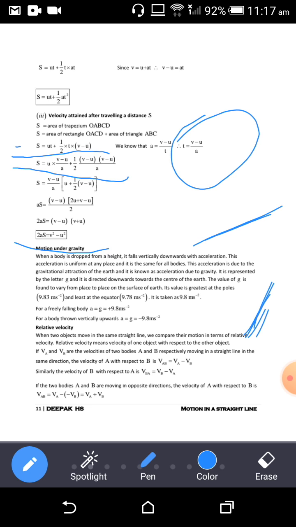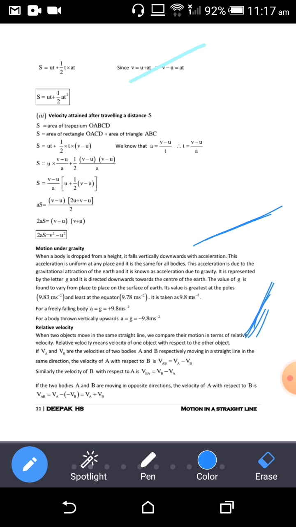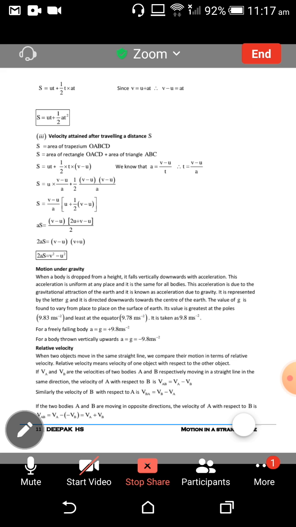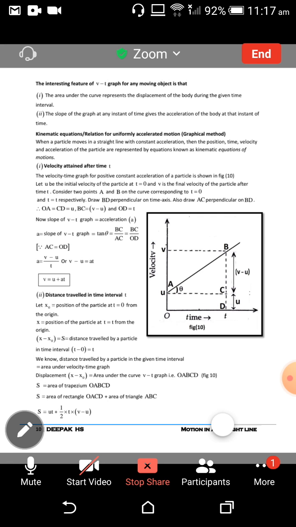So this is regarding the kinematic equations of motion. Okay, which is very important. So any one can be asked for 5 marks. Okay. So just go through once.